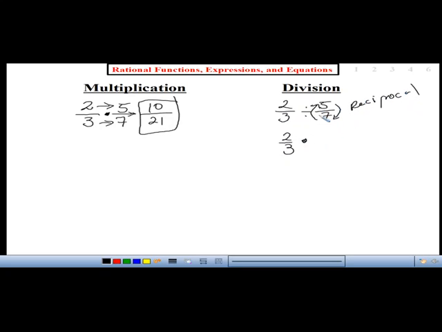What is the reciprocal? 7 over 5. And what does reciprocal mean? It means any number that I multiply that number by to give me a giant 1. So 5 over 7 times 7 over 5 is 35 over 35, which is a giant 1. So once we do this, then we know what to do. Yes, this is 14 over 15.